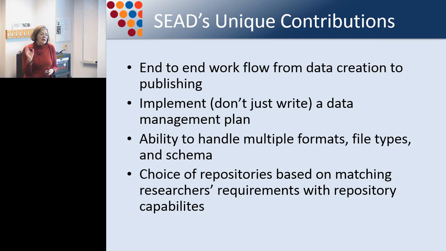The repositories have constraints of things like we can't take a file that's more than 500 gigabytes, and we only take these 5 formats, and we require this basic metadata in order to deposit the data.